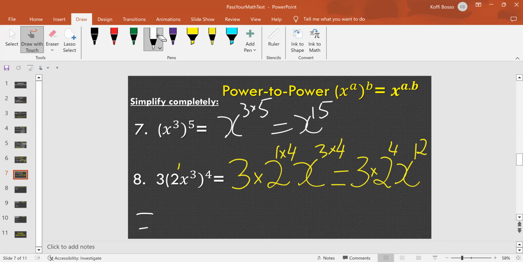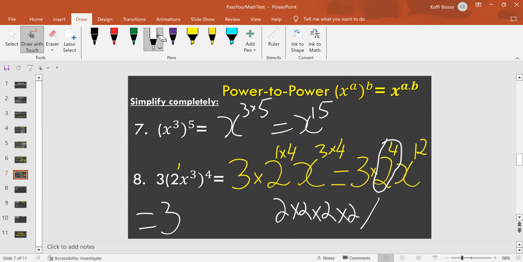So here we have our 3, but please don't multiply 3 by 2 to say 6. No. So we have a 3, but 2 to the 4th power, this here means what? 2 multiplied by 2 multiplied by 2 multiplied by 2. Yeah. And then doing that, you get 16. Therefore, we're going to have 3 here multiplied by 16.